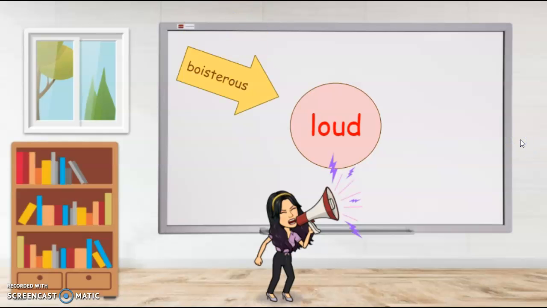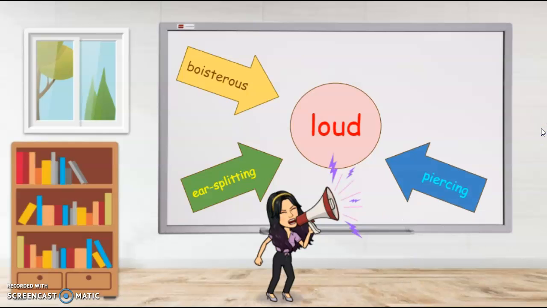Boisterous has the connotation of happy, such as children playing on a playground. And then we have the phrase ear-splitting. Ear-splitting describes a noise that is too loud and it hurts your ears. We also have piercing. Piercing is often used to describe some type of sharp or high-pitched loud sound. And then, finally, we have booming. Booming describes a deep, loud, thunder-like sound.